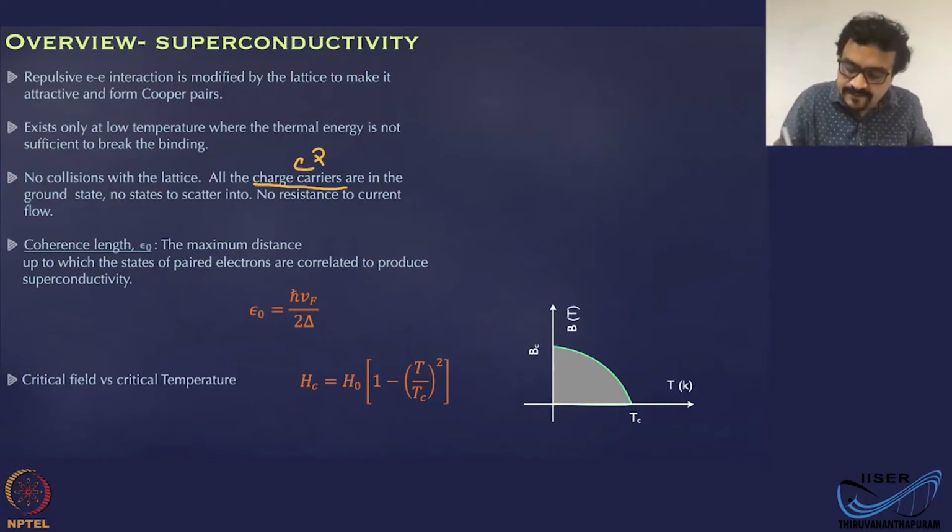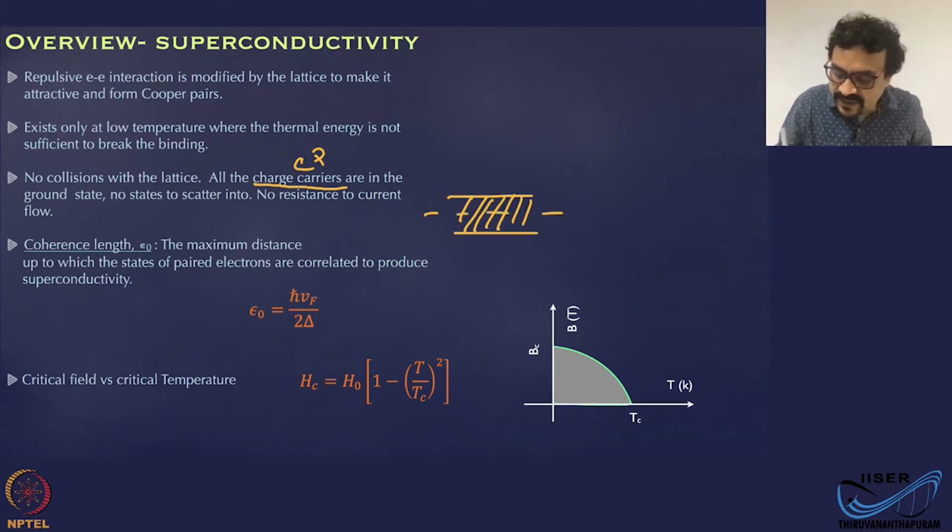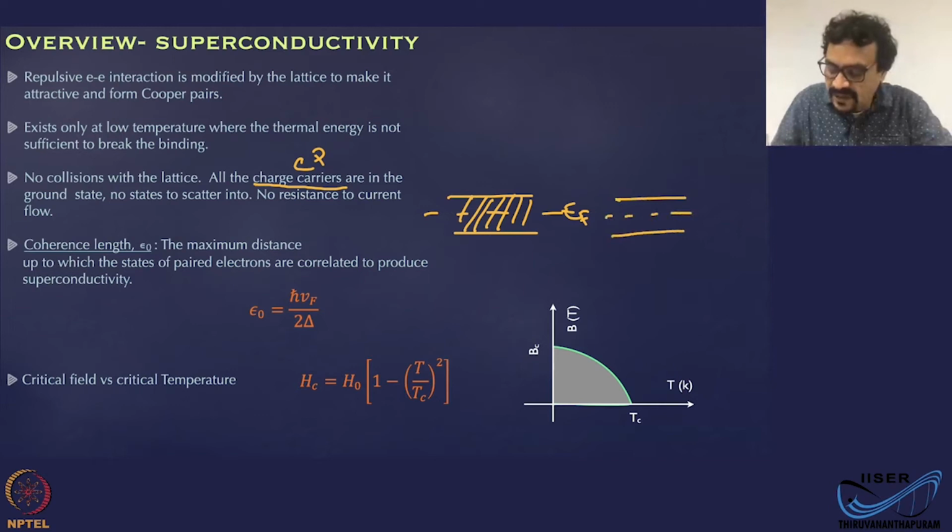So you had a Fermi distribution and the Fermi energy EF. You had all electrons near the Fermi energy, but these now condense onto one single state at the Fermi energy, and all the other states for single particle electrons are away, or there is an energy gap, which is generally referred to as 2 delta.